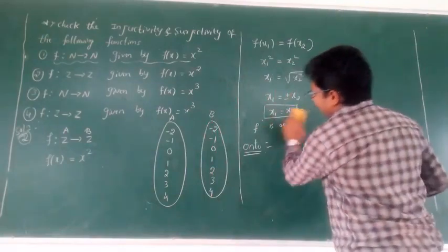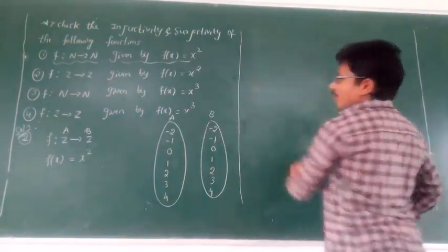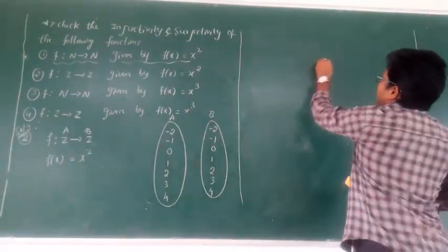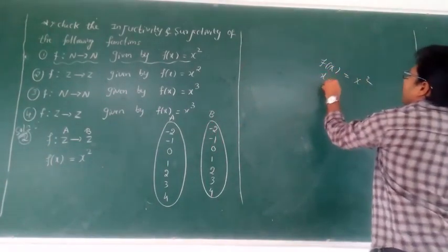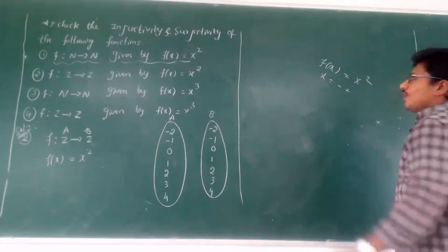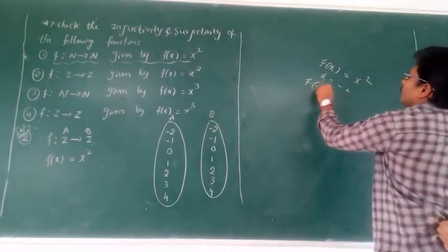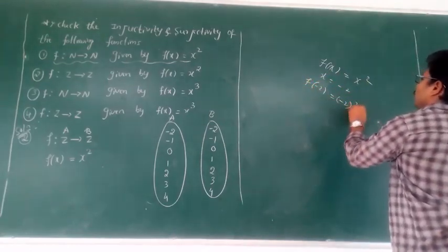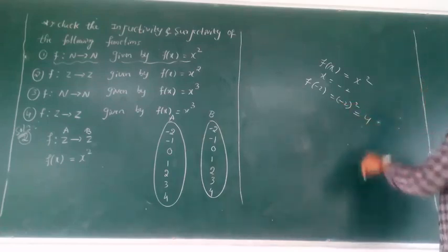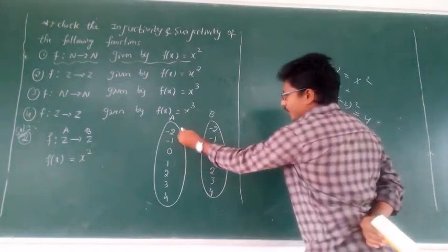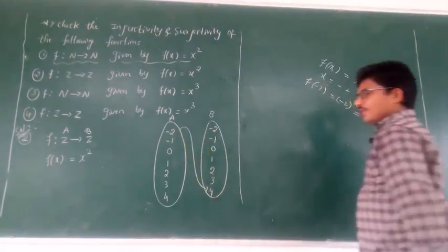In the placement of x in f of x is equal to x square, fill in x is equal to minus 2. f of minus 2 is equal to minus 2 whole square. Minus whole square is positive, 2 square is 4. Minus 2 is connected with 4.